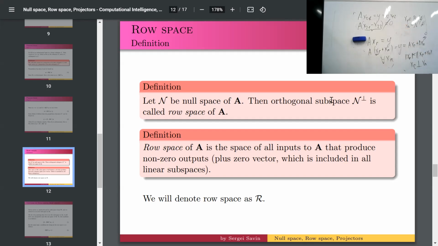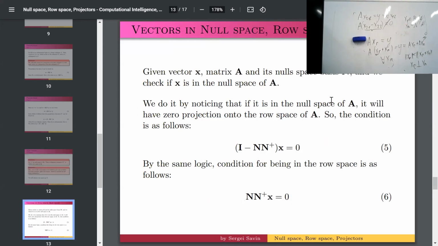Good. So those two definitions are kind of equivalent, but the first definition I feel is slightly easier to use. Now we can see here expression number 5 is our projector onto the row space.